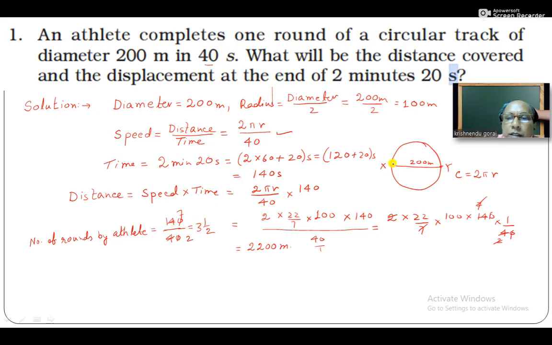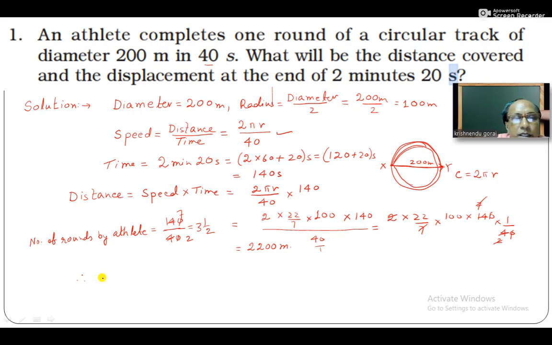This person completes the first round, again the second round, again the third round, and in the end this half means here to here, that is x to y, and we know that displacement is from x to y, that is 200 meter, right. Initial position is x and final position is y, therefore, it will be 200 meter.